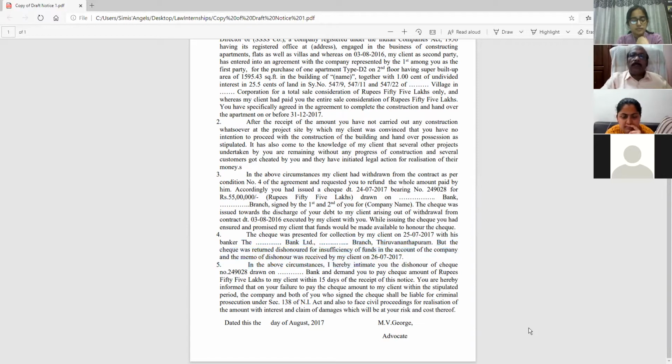This is a case for filing an NI Act case, section 138 NI Act. If you look at the bottom, you can find section 138 NI Act. So it is a warning. At the end of the paragraph, you can read: I hereby intimate you the dishonor of check number so and so, and demand you to pay the amount within 15 days of the receipt of this notice.